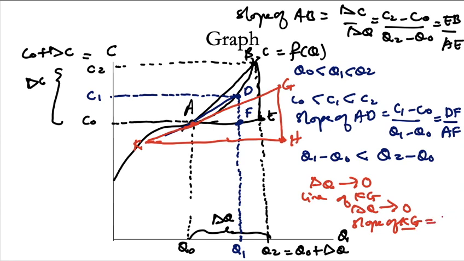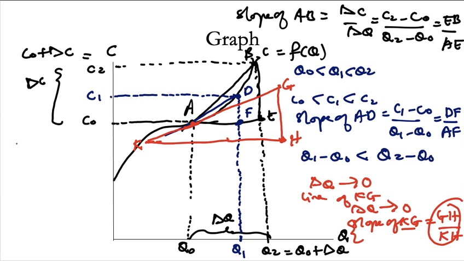GH or HG over KH. And this slope actually represents the limit of change in C over change in Q as change in Q approaches zero, isn't it? Now, this is what I mean.